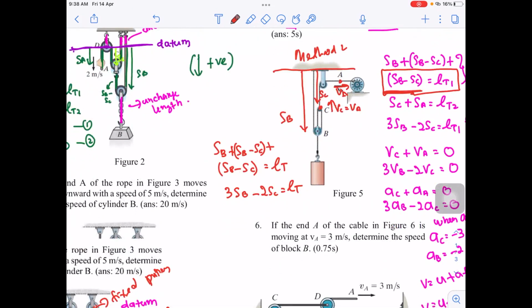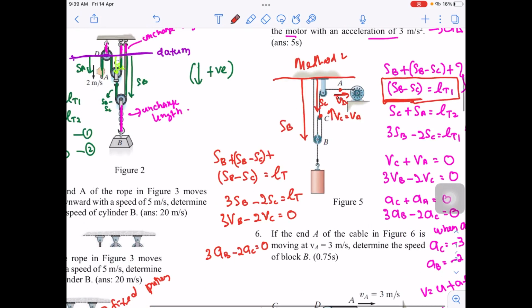Okay. So yang ada VB, 3 VB tolak 2 VC is equal to 0. Okay. Tapi kita kena bear in mind that VC is equal to VA. So kat sini kita ada 3 AB minus 2 AC is equal to 0.